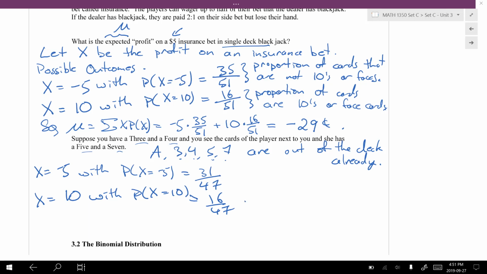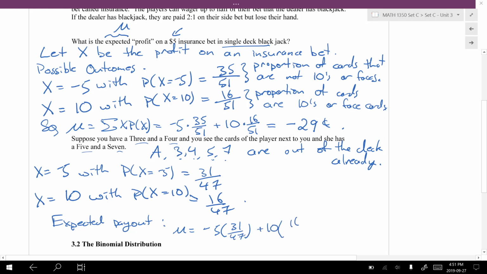So let's go ahead and compute the expected payout, or in other words, the mean. Again, similar to before, with these slightly different probabilities. You crunch this out, and this one actually comes out to a positive 11 cents.